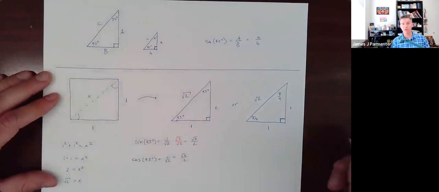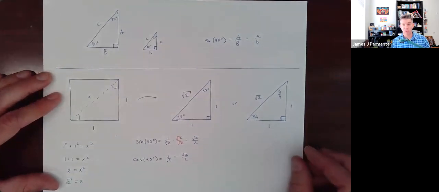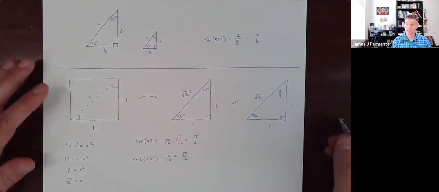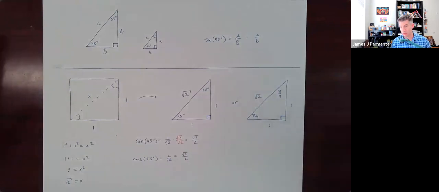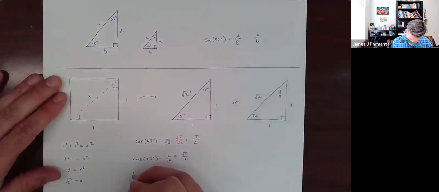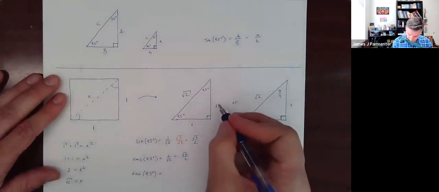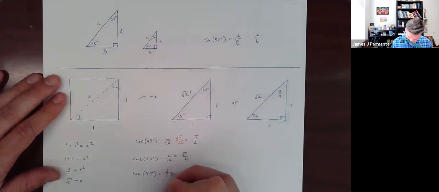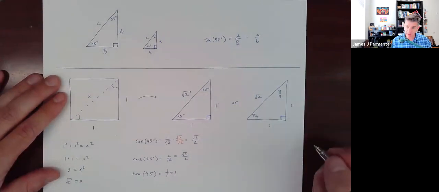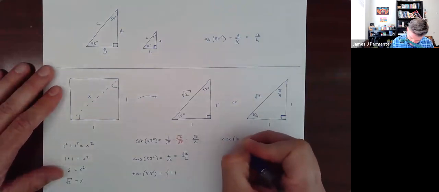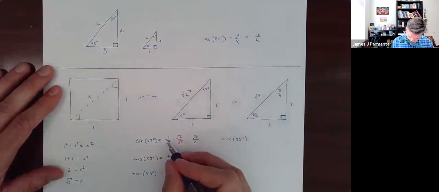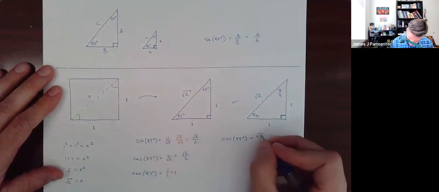To me, that's kind of the most notable thing about 45 degrees, that both sine of 45 degrees and cosine of 45 degrees have the same value. That's always true. Tangent of 45 degrees is going to be opposite over adjacent, which is 1 over 1, which is 1. And then the other 3 trig functions, the reciprocal trig functions: cosecant of 45 degrees is going to be root 2 over 1, which is just root 2.